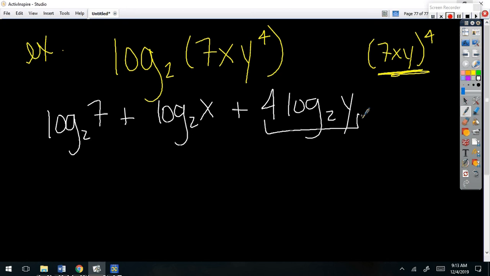It's not going with the other. Now, we did 2 properties in one here. We split it. This would really be log to the 4th first, and then we bring that 4 around front for that step. Does that make sense to everybody?